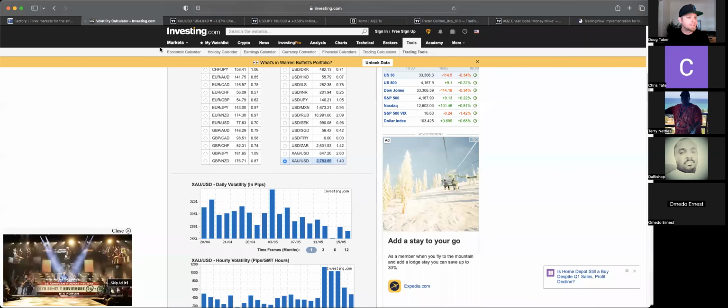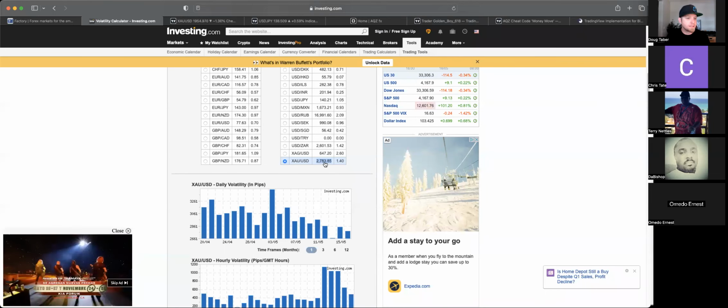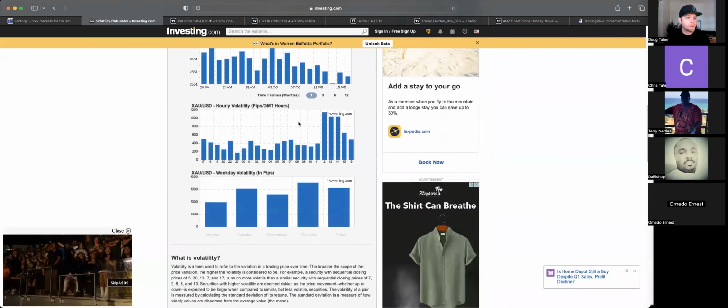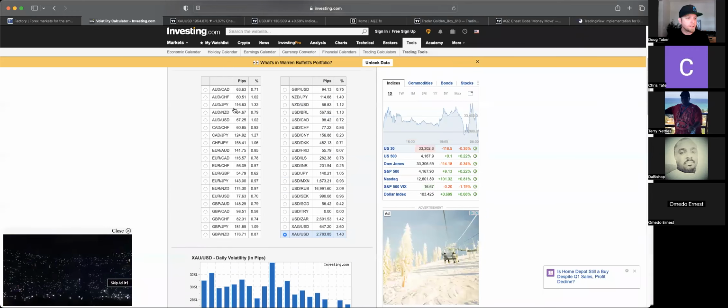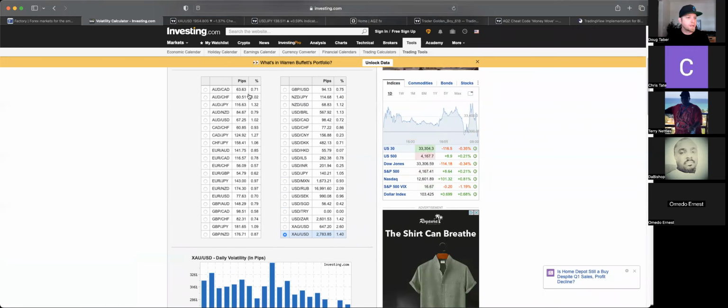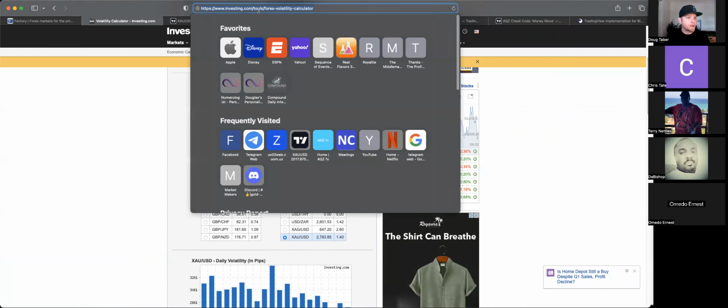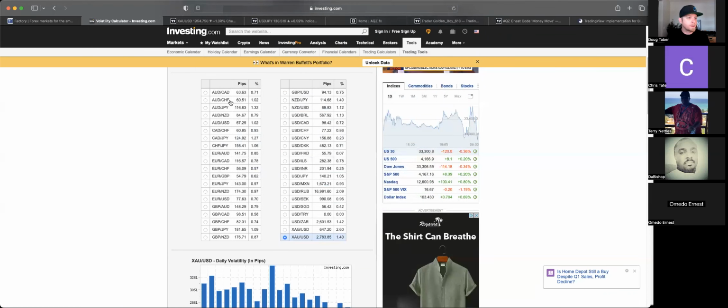Okay, so that's our target range that we want to work with on gold. And again, that is 50% to 75% of the daily average range of gold. We want to utilize this pip calculator, the volatility calculator, to our advantage on all Forex pairs and gold.